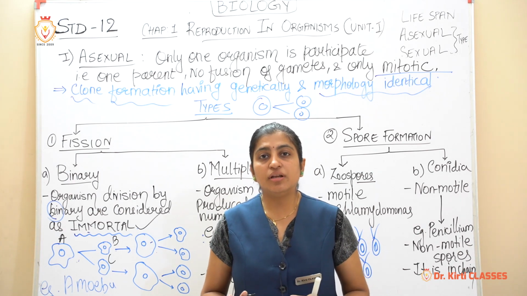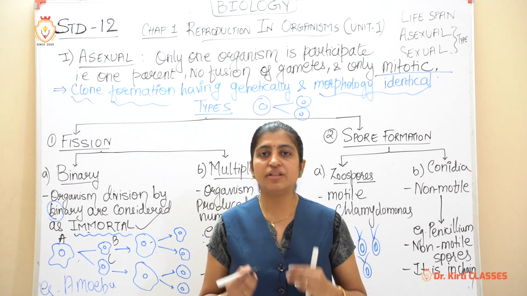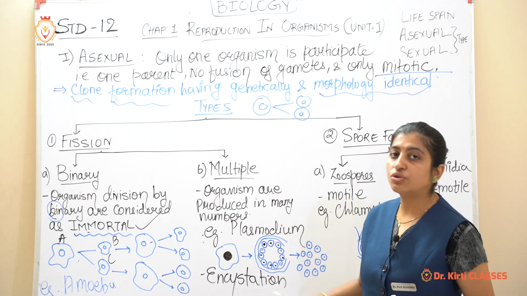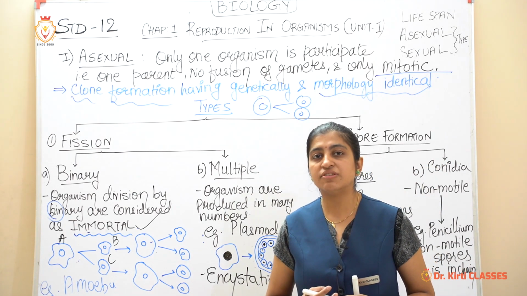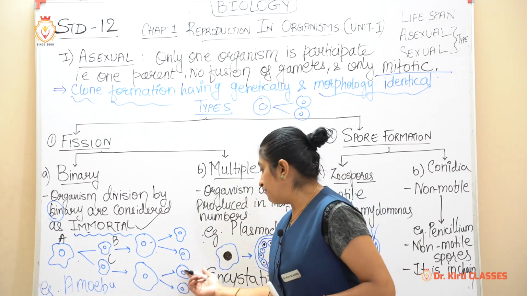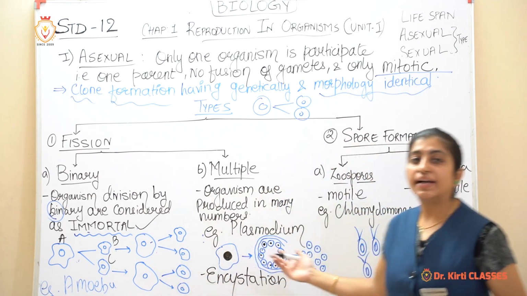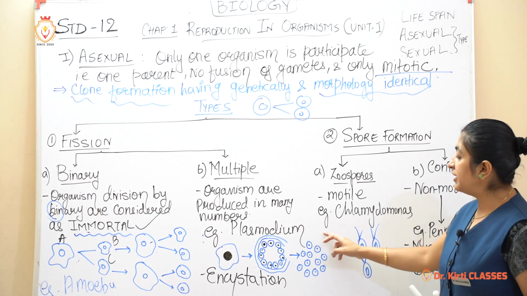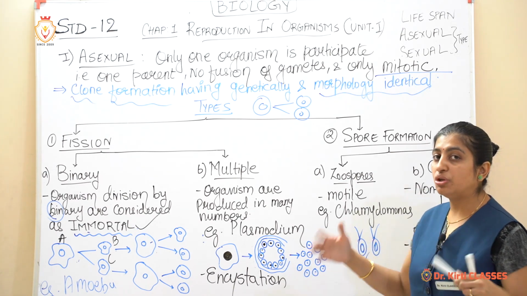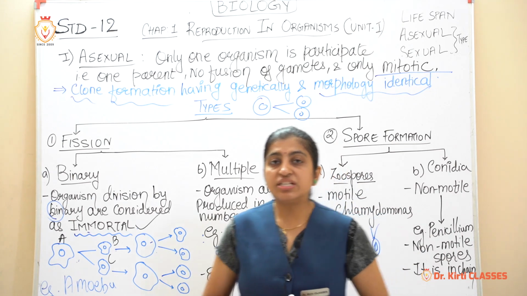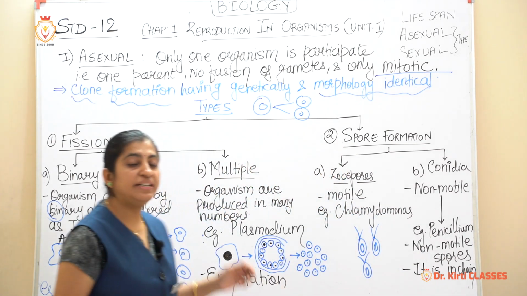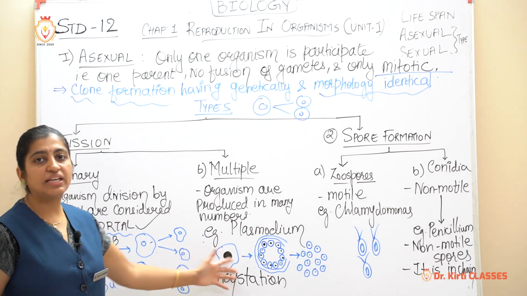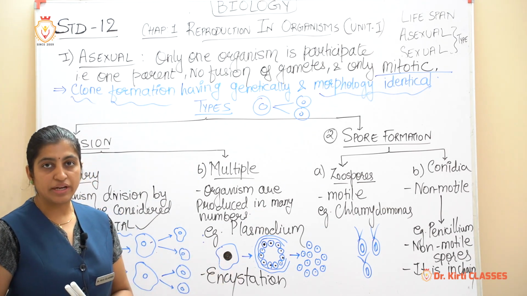After getting favorable conditions, this cyst will be ruptured and small new cells produced from the single mother cell will be released into the atmosphere, and again each will start reproducing multiple. So that's why this is multiple fission, in which from the single mother cell we can get multiple offspring.